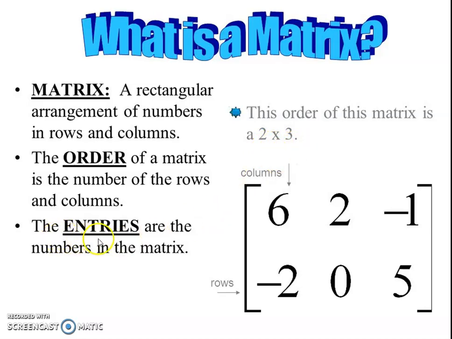Now the entries are the numbers in the matrix. Whether the numbers are negative, positive or in decimal form, they are enclosed in square brackets, and they are called the entries of the matrix. Now we have to understand that a matrix is a rectangular arrangement of numbers in rows and columns, and the order is defined by the number of rows and the number of columns, in the form of a rectangular bracket.